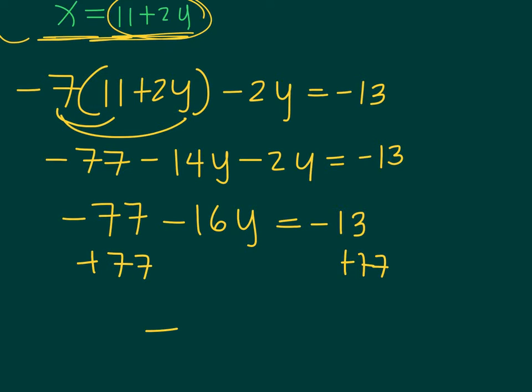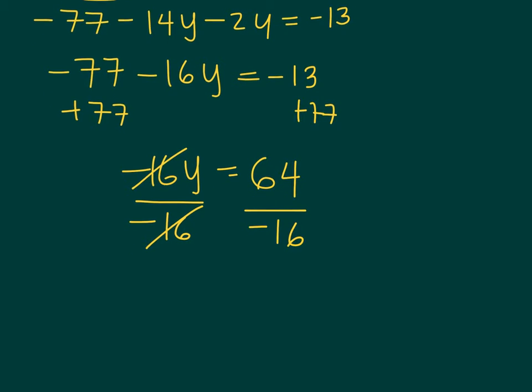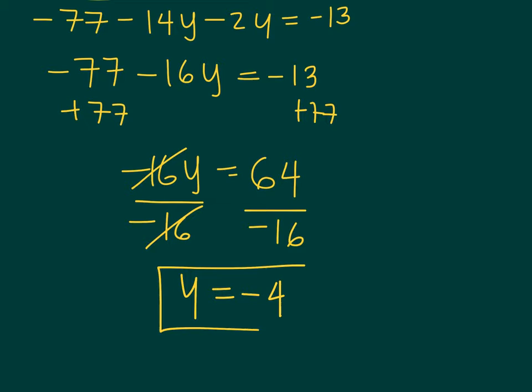So the left side becomes negative 16y equals negative 13 plus 77, which equals 64. And then if we divide both sides by negative 16, the negative 16 will cancel. 64 divided by negative 16 is negative 4. Therefore, the value of y is equal to negative 4.